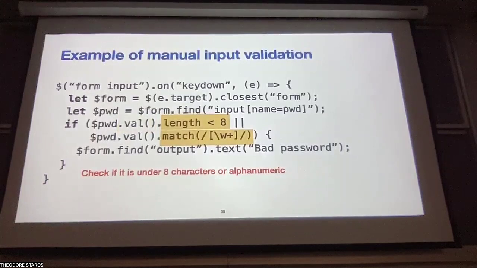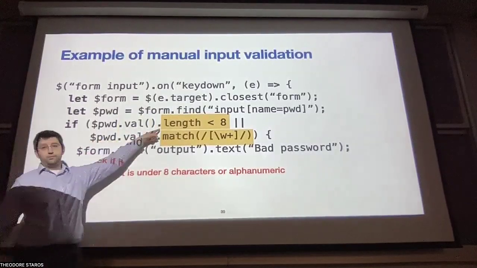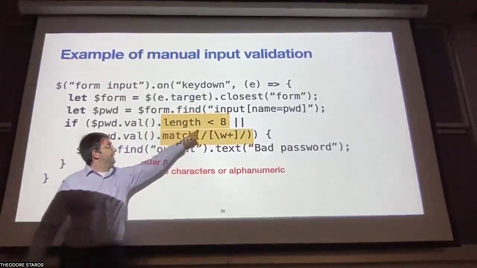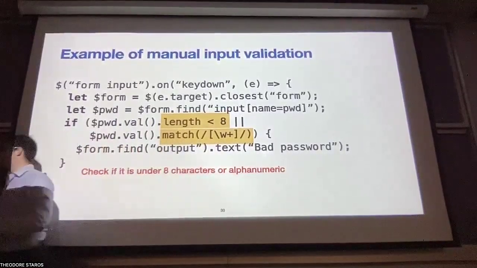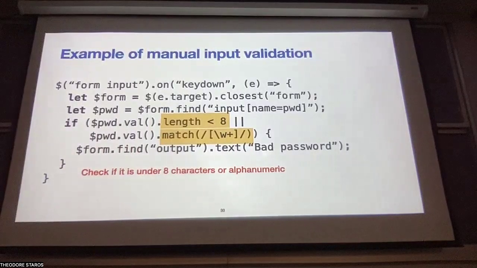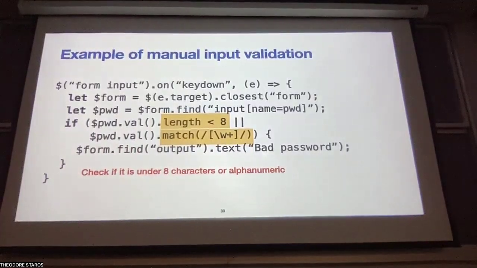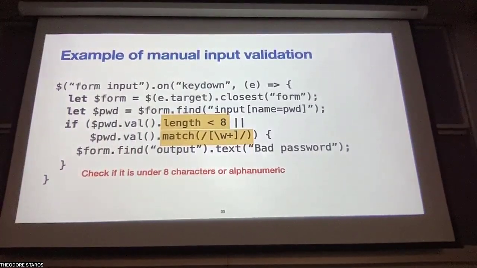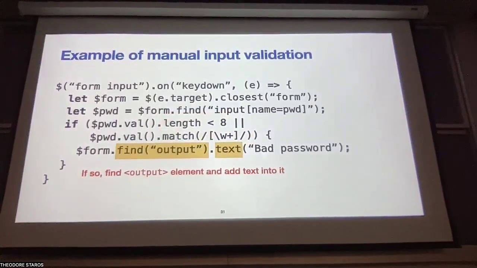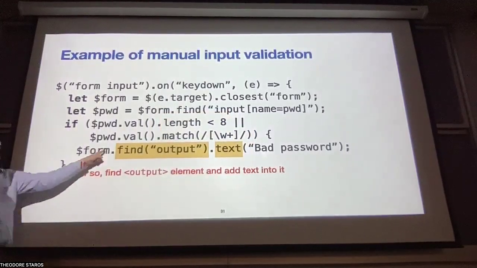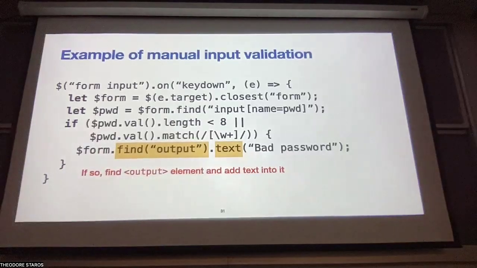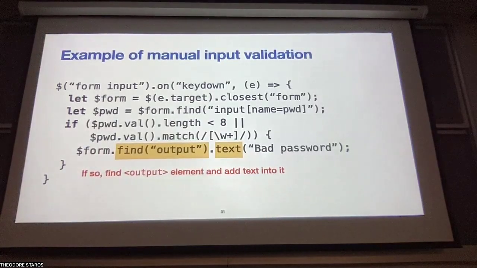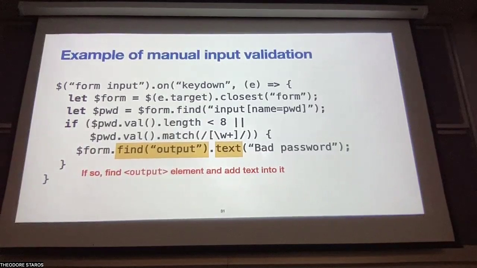We're checking, is the current password less than 8 characters in length, or is it all alphanumeric? This match thing is regexes. If you're not familiar with them, not super important. And if either case of bad password is true, we're going to find the output element inside the form and add some text to it. In other words, we're going to show an error message.